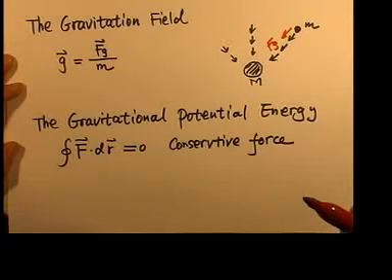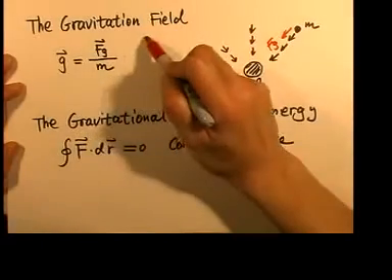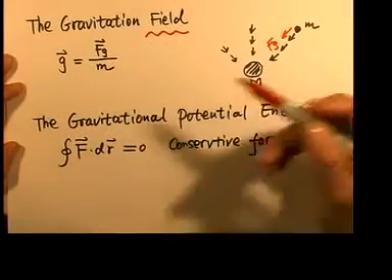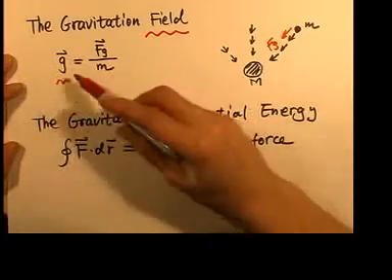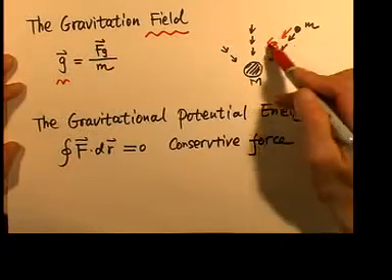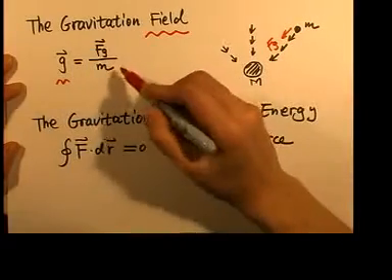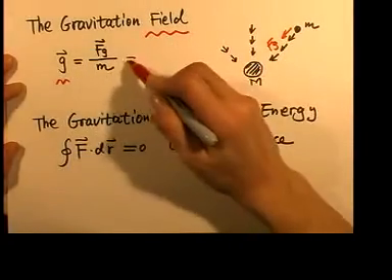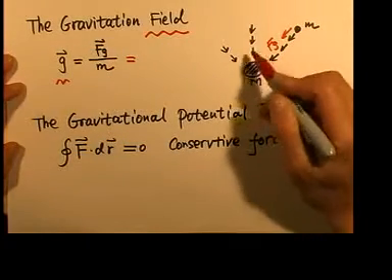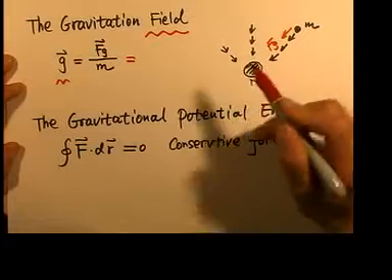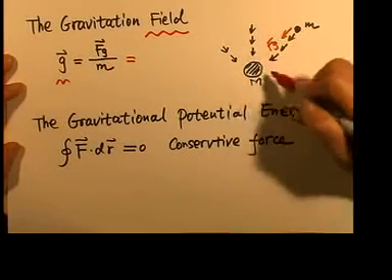If we define the gravitational field, which is a vector with the symbol little g, equal to the gravitational force divided by the mass of this particle, then if this capital M is a spherical symmetric mass distribution, we can assume it is concentrated at the center.